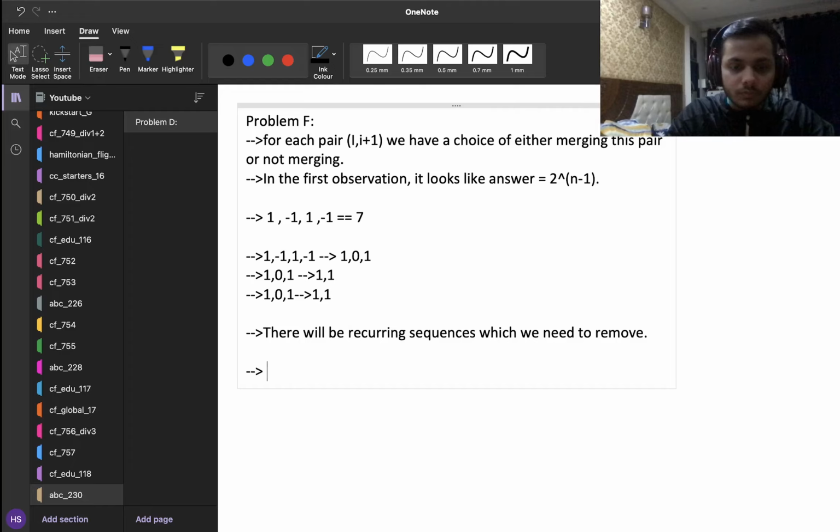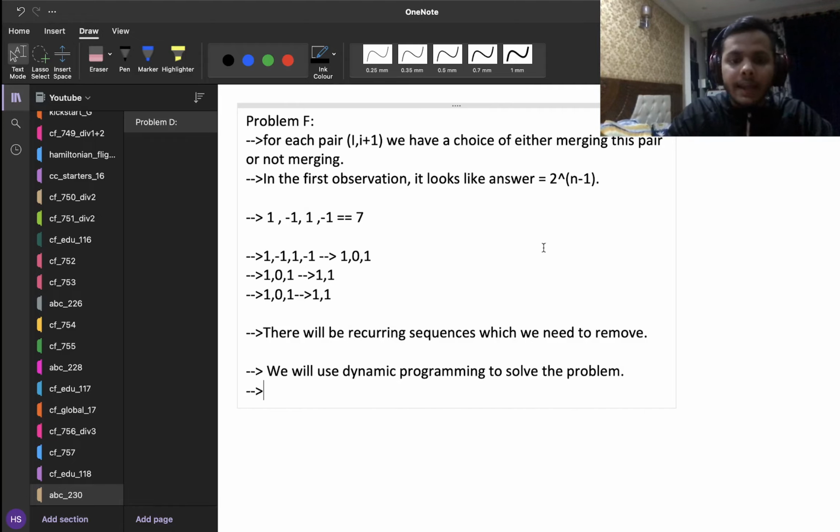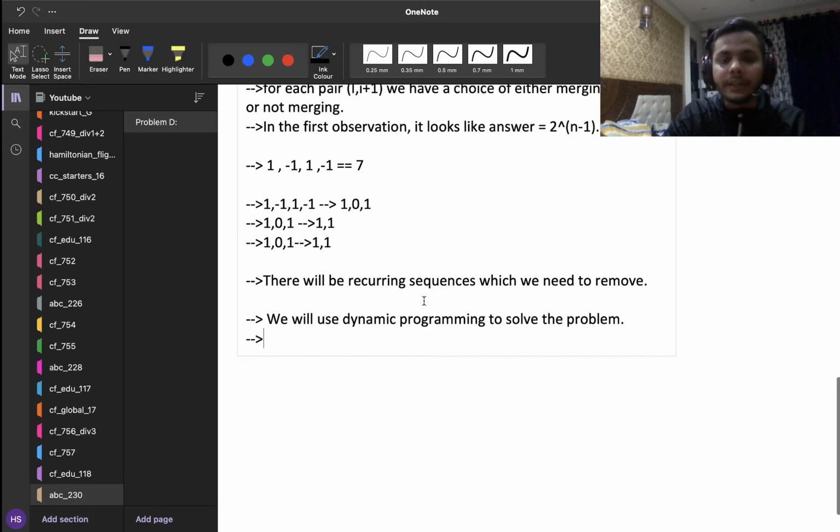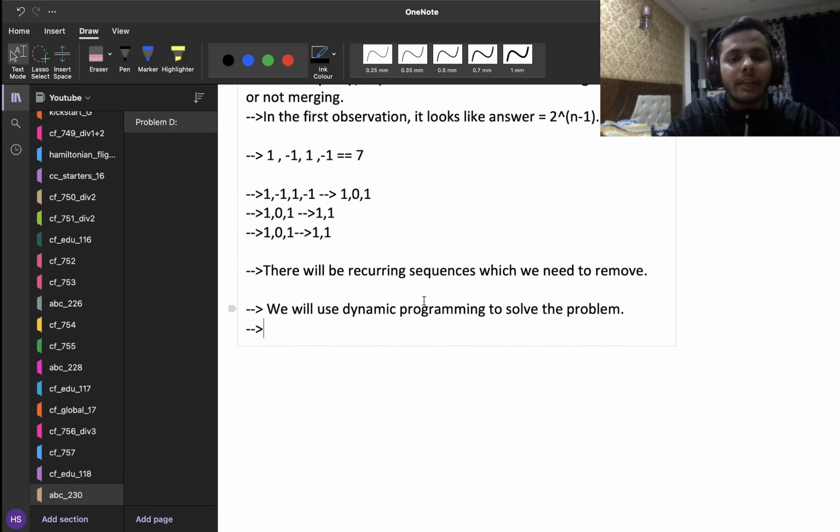So first of all, we will use dynamic programming to solve the problem. That's the first thing. And now the problem here is that there will be recurring sequences which we have to remove, right? And for now, let's forget about recurring sequences.